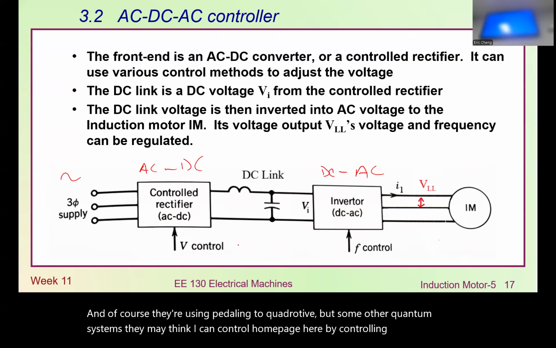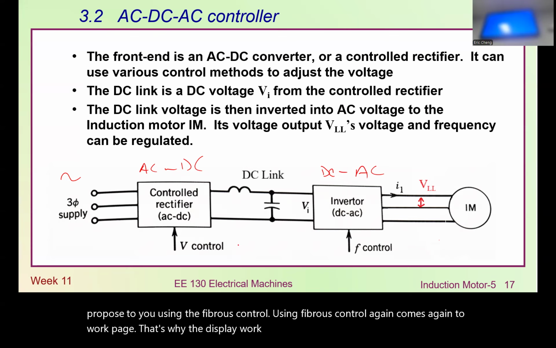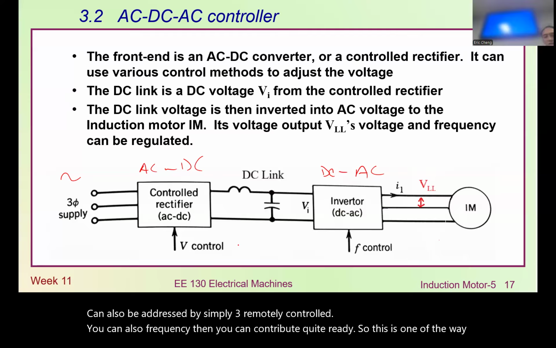Then what I propose to you is using phase-vector control. Using phase control, I can control the input voltage. That's why the DC link voltage here, VI, can also be adjusted by changing the voltage control. So in some simple systems, you can control this voltage, and you can also use the inverter to control the frequency. Then you can control V/f quite readily. So that's one of the ways some control methods are used here.